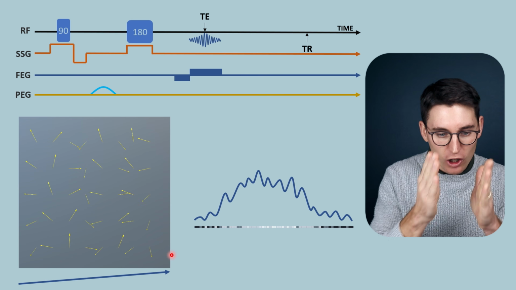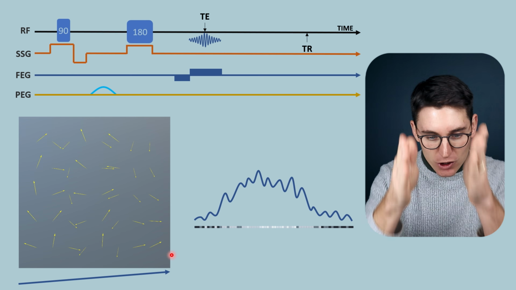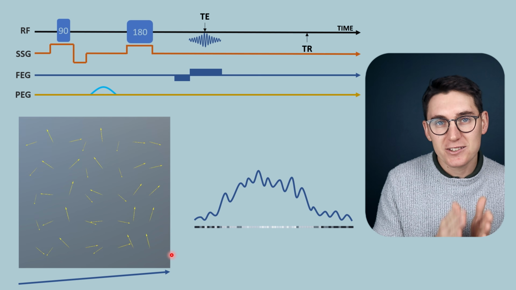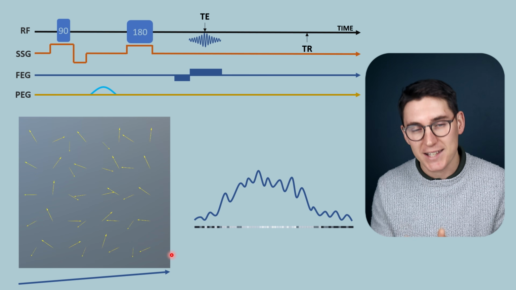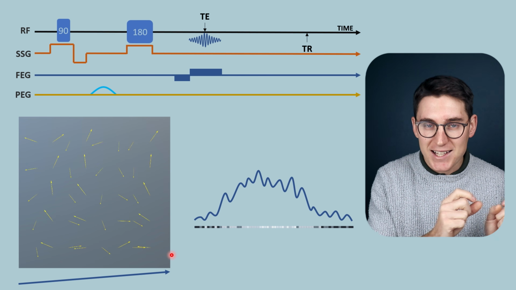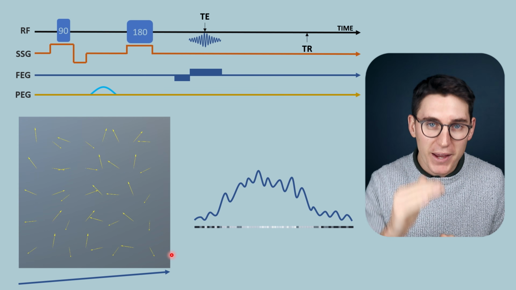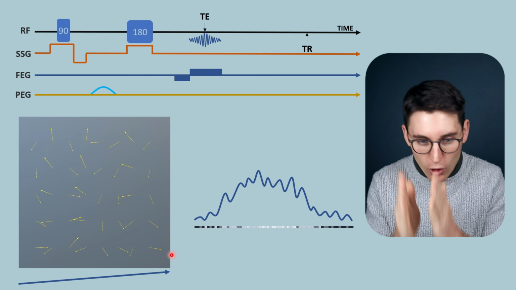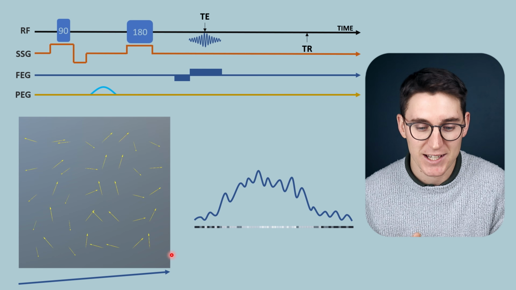If you look at each column of spins here, although it looks like a disorganized chaos of mess, you can see that each column still has the same frequency as all of those spins along that x-axis column. The difference here is that the phase encoding gradient has applied some memory here. We've got dephasing of these spins based on their y-axis location, although their frequencies are the same depending on where they're located along the x-axis.